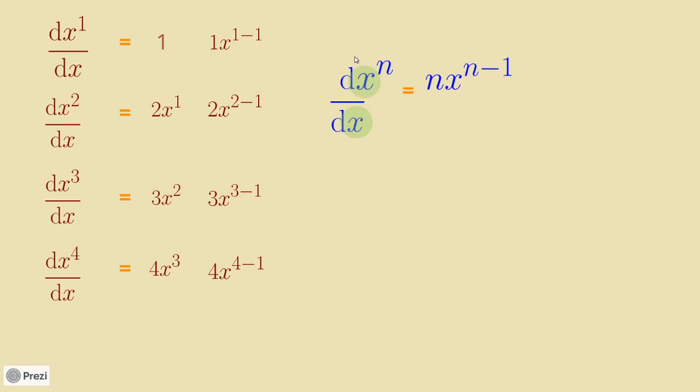Do remember that. And also remember d by dx of x to the power n, we are differentiating with respect to the same variable which is in the function. Okay, now this rule, or this equation, is known as the power rule, because it has powers, so that is why I think they call it the power rule.